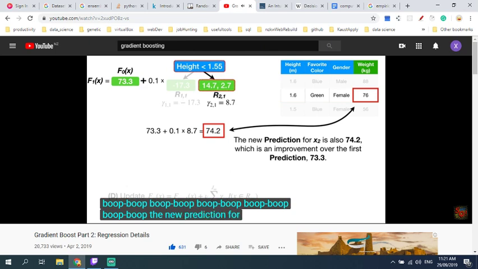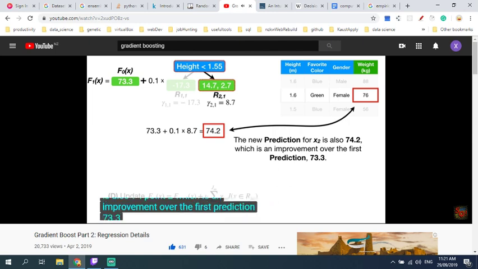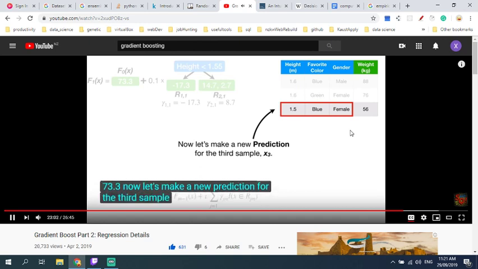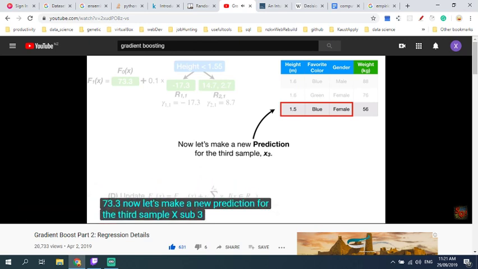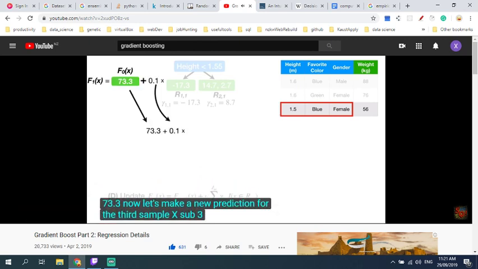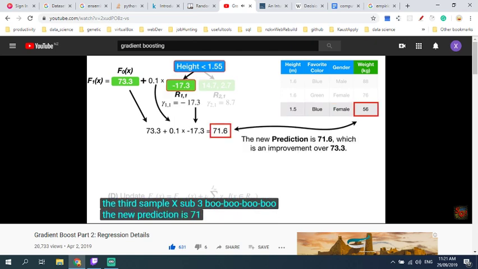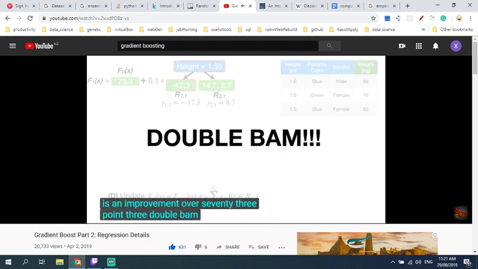The new prediction for x sub 2 is also 74.2, which is an improvement over the first prediction, 73.3. Now let's make a new prediction for the third sample, x sub 3. The new prediction is 71.6, which is an improvement over 73.3. Double bam!